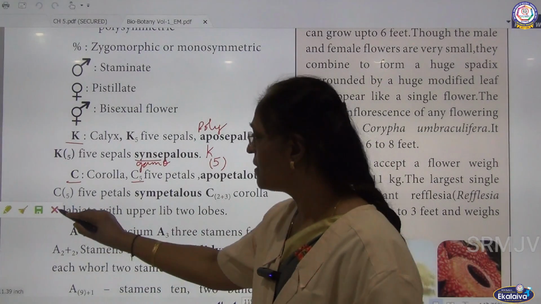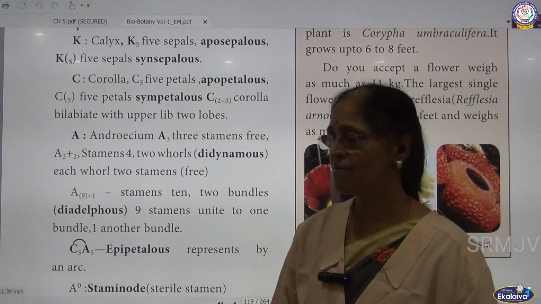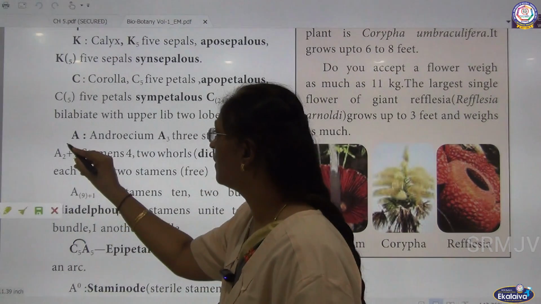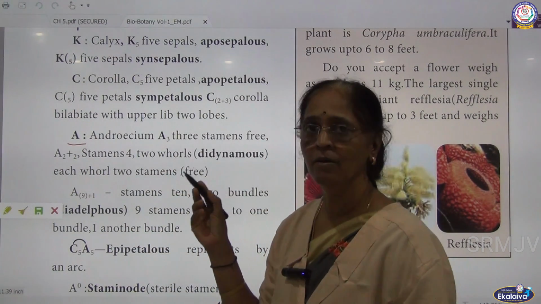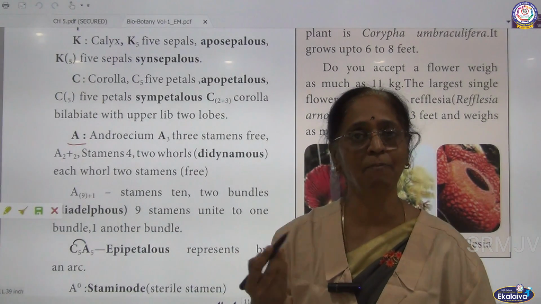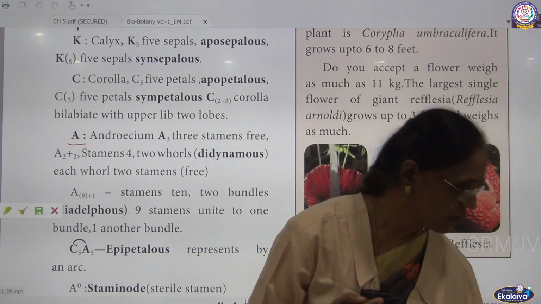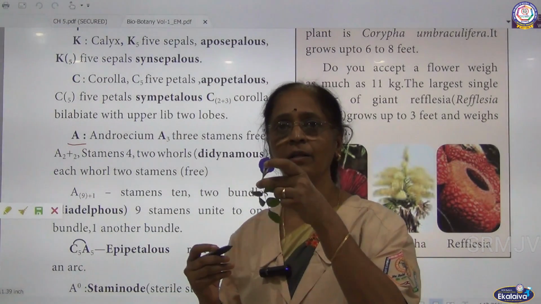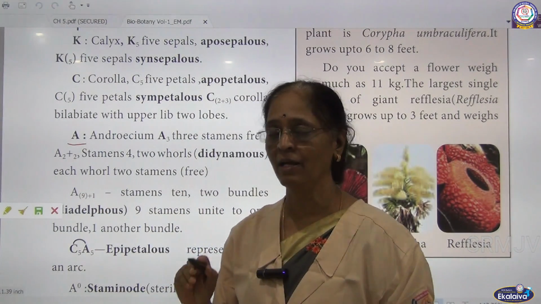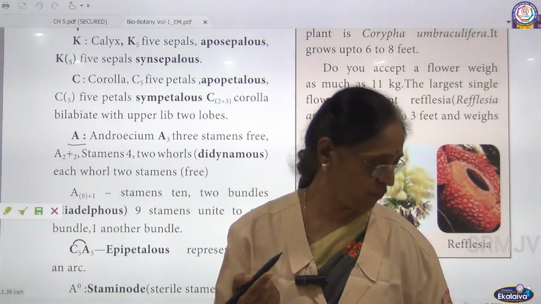Then the next word is androecium. Here you talk about androecium. A is the letter through which we represent it, and then the number, how many are there? We are going to represent either 3, or it may be 2 plus 2, or sometimes, as we have seen in the papilionaceous corolla, the Sankapu, the androecium is 9 plus 1. 9 form a single bundle, and 1 stamen is free.